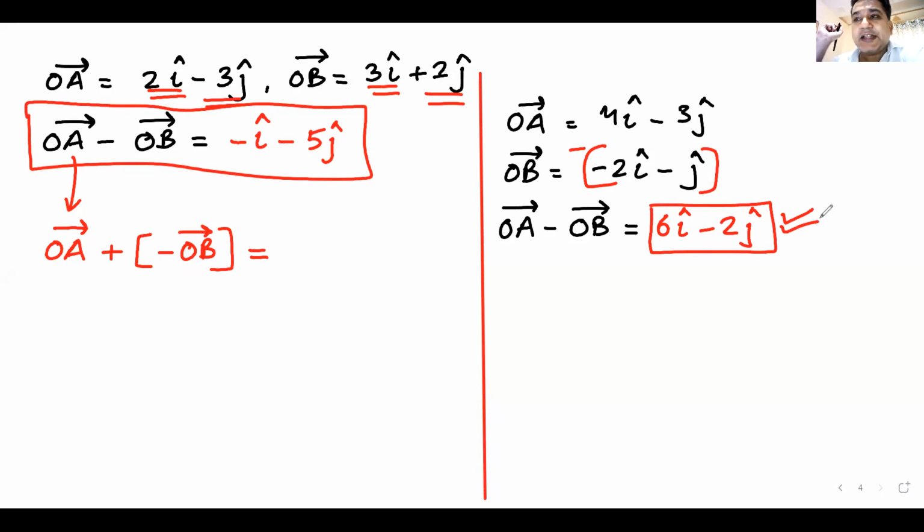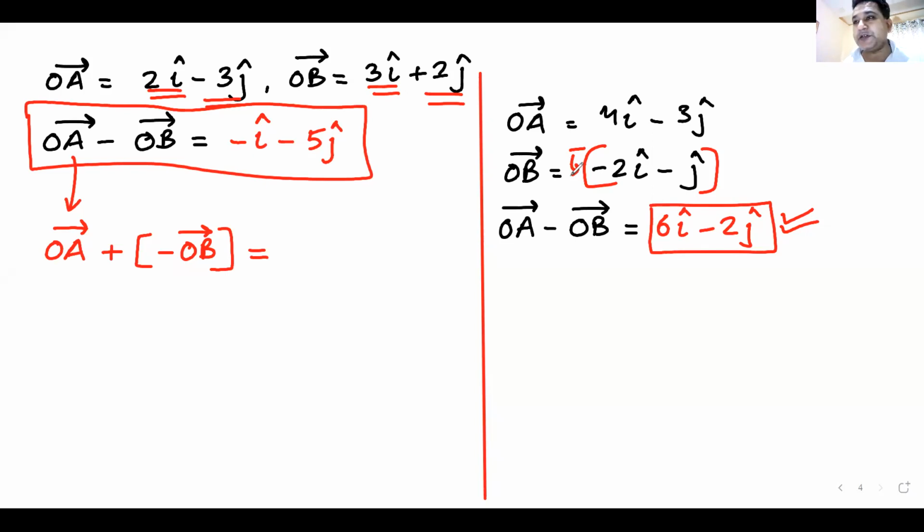I hope you can add and subtract. Am I clear? Please do not make stupid mistakes. You have to put a minus sign here. Please remember that, and do the addition and subtraction as required.